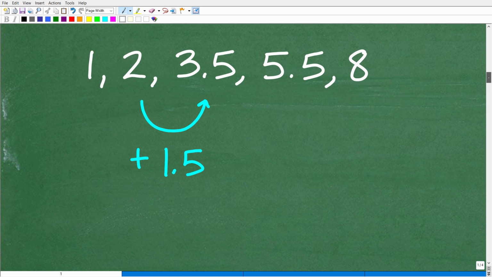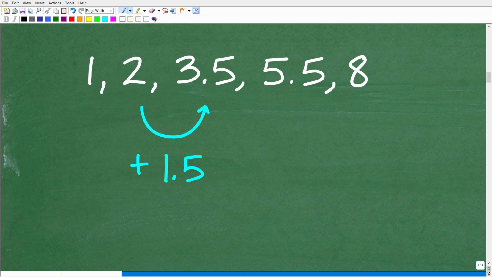Now some of you may have had your eyes drawn to these terms in the sequence. So we have 2 and 3.5. So what's going on here? Well, if we try to look at a pattern starting from these two numbers, to go from 2 to 3.5, we have to add 1.5 to this 2, because 2 plus 1.5 gives us 3.5.